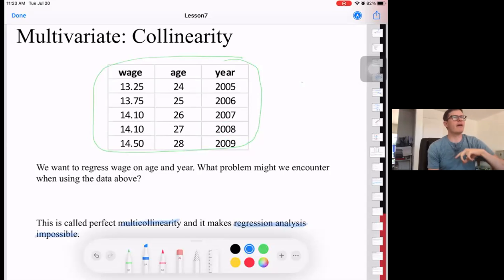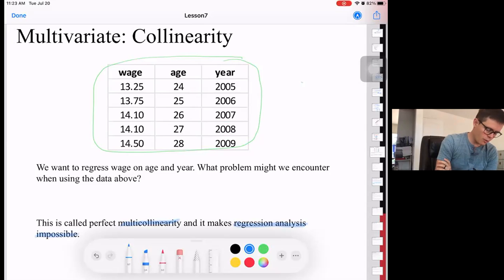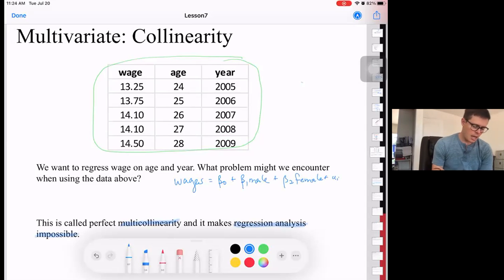A case where this might come in is, say you did a regression of wages on beta naught plus beta 1 male plus beta 2 female plus U. What's interesting about this is that in the data set, the intercept is going to be a column of ones.